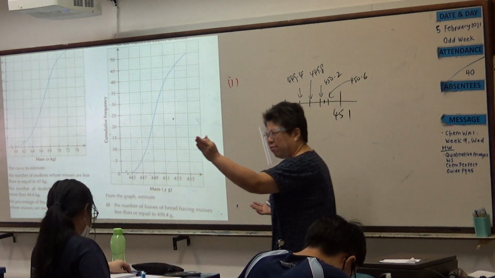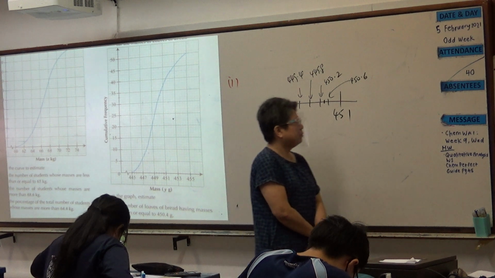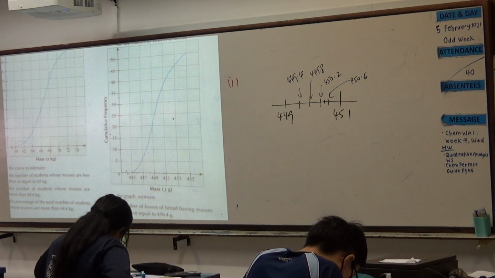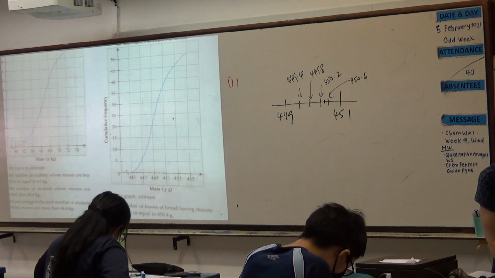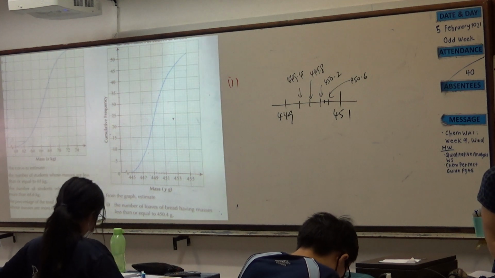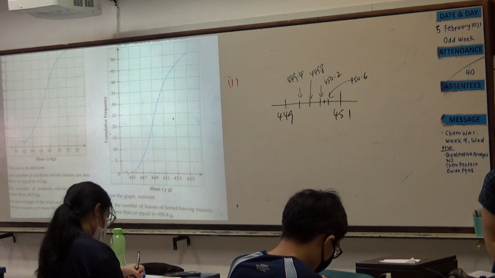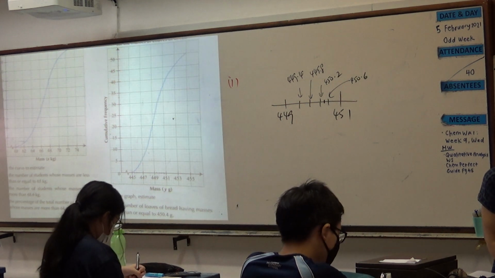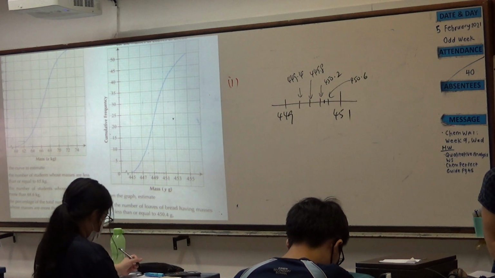Okay, all of you go and read from the graph. Read the number of loaves with mass less than or equal to 450.4.